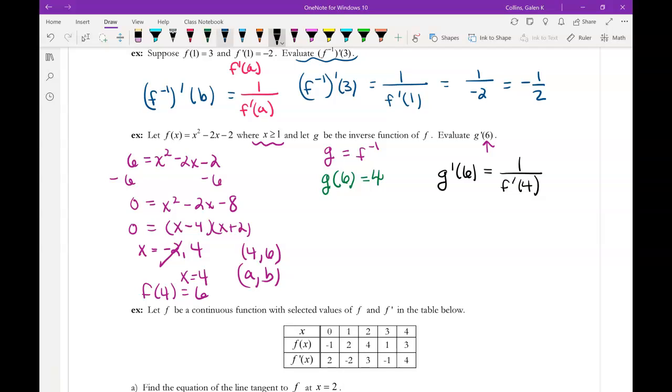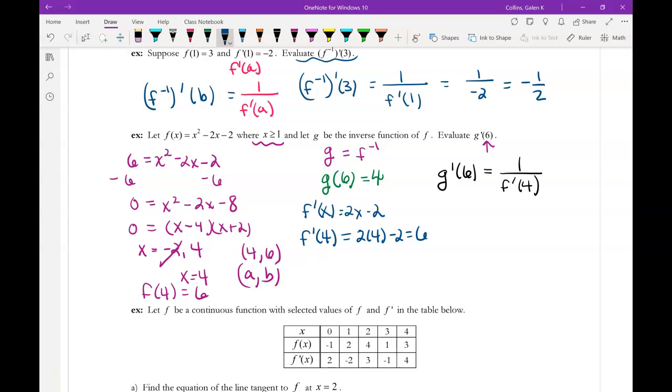Well, we can find f prime, no problem. f prime of x would just be 2x minus 2. So now if we evaluate this function for when x is 4, I get 2 times 4 minus 2, 8 minus 2, which is also 6.